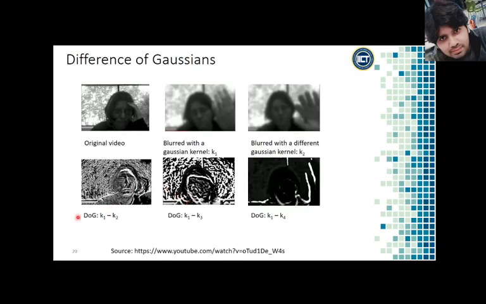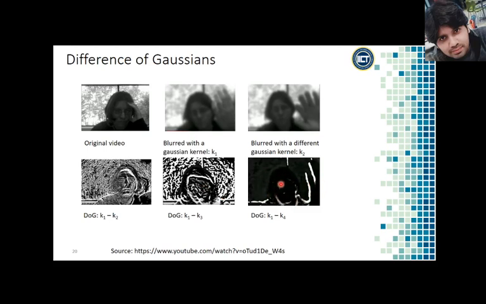If we compute the difference of Gaussian from k1 and k2, we get this. If we compute the difference of Gaussian from k1 to k3, which is a subsequent frame after k2, then we get this response. And as you move forward, you get these kinds of responses.